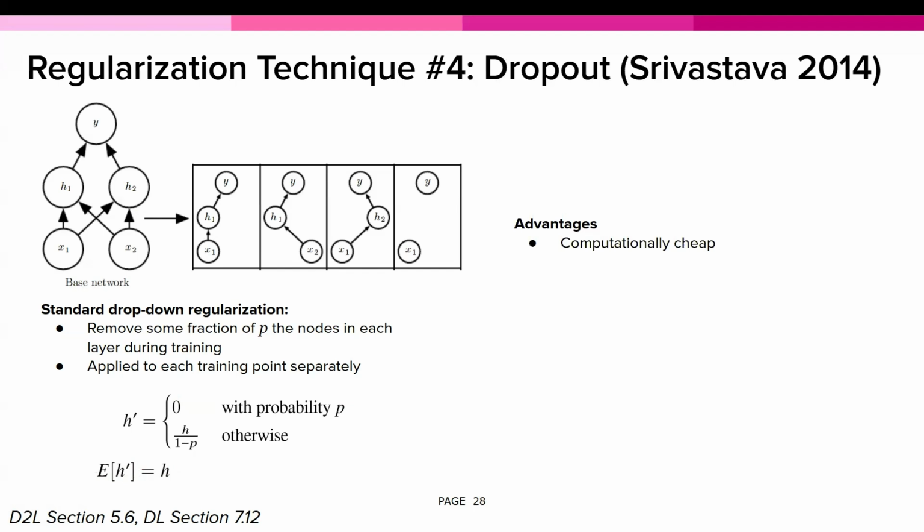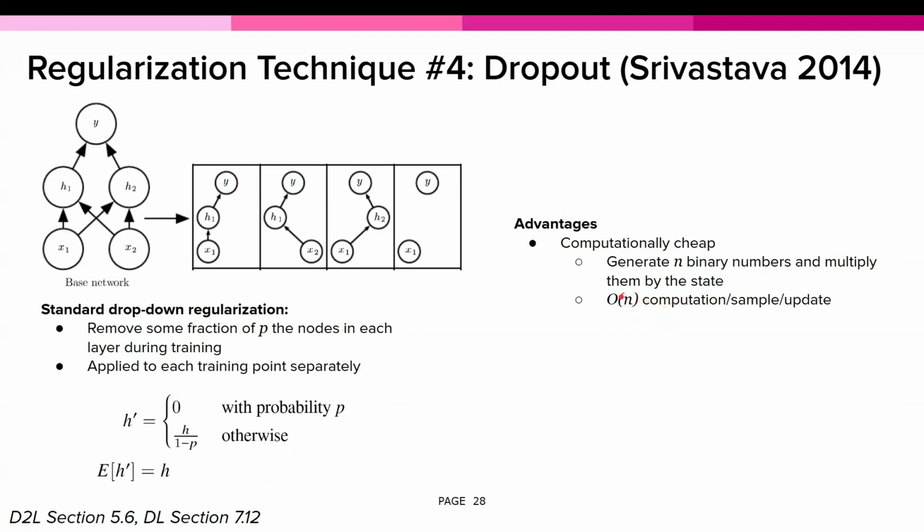It's got several advantages. It's computationally cheap. So using dropout requires only generating O(n) binary numbers and then multiplying them by the state.